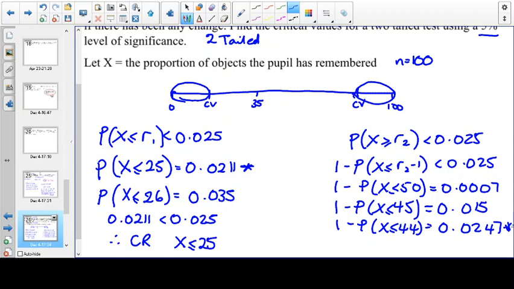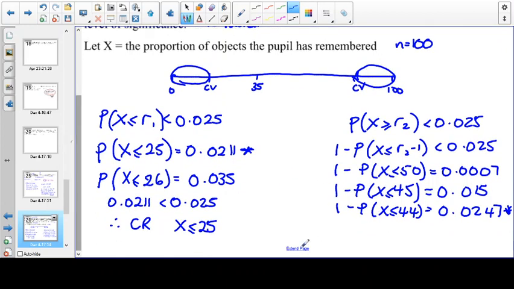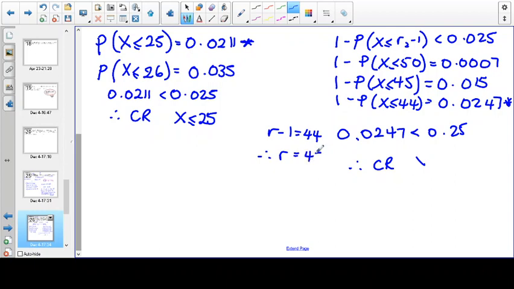So that is the one. 0.0247 is less than 0.025, therefore, sorry, what I should have said was R minus 1 is 44, therefore R is 45.